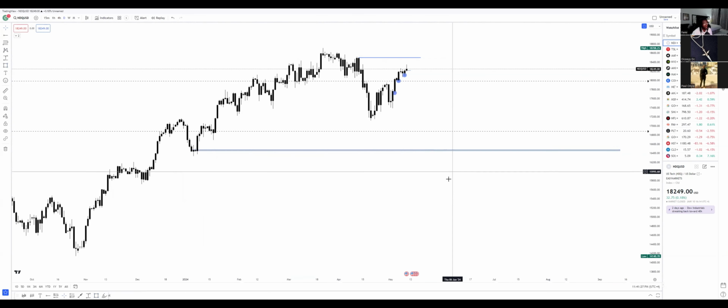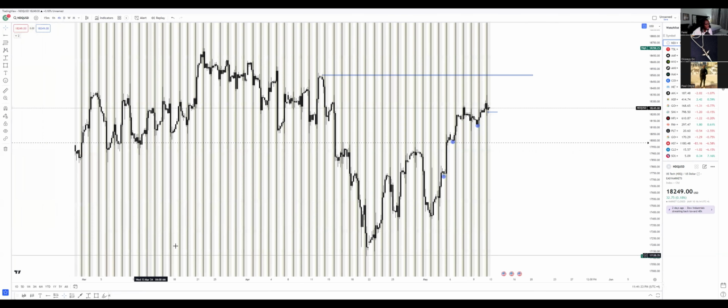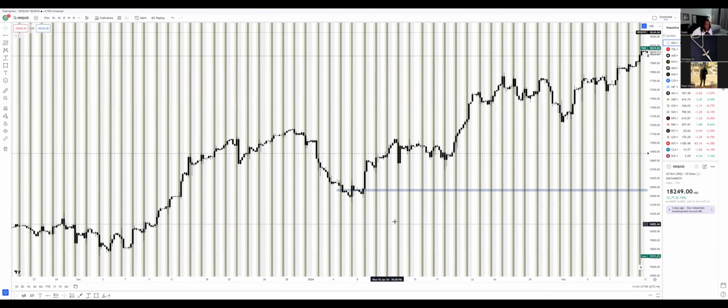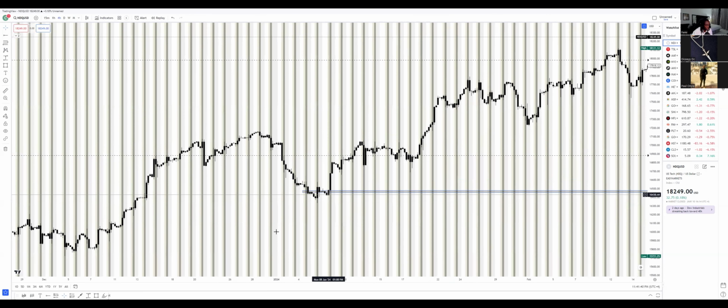If price will likely want to create a lower low again, we have a DMS area here. If you go back to the 4 hour time frame, you're gonna see that level there. So we have a DMS level, and this level will likely want to get cleared out.